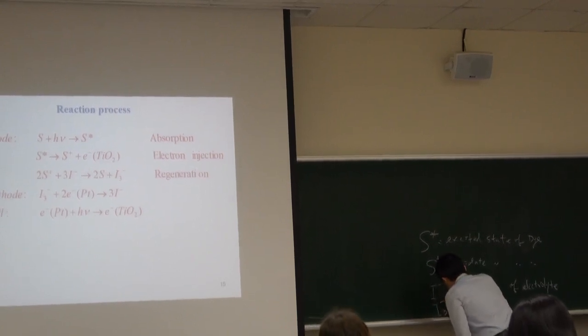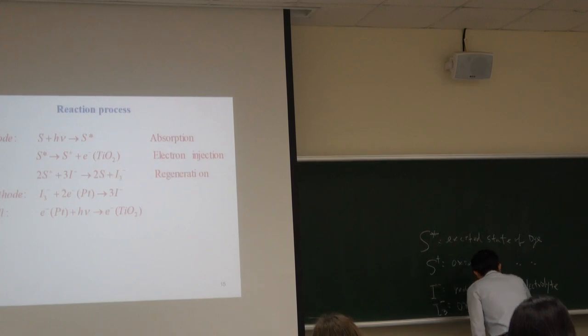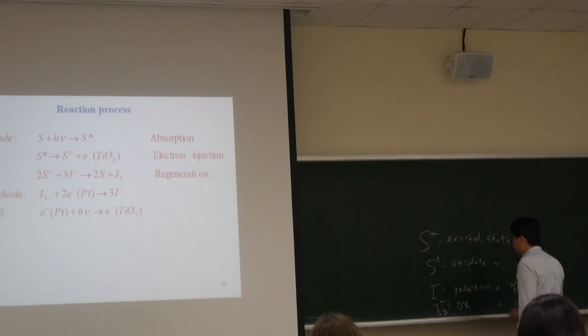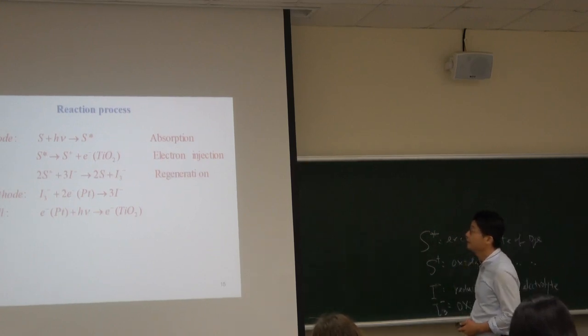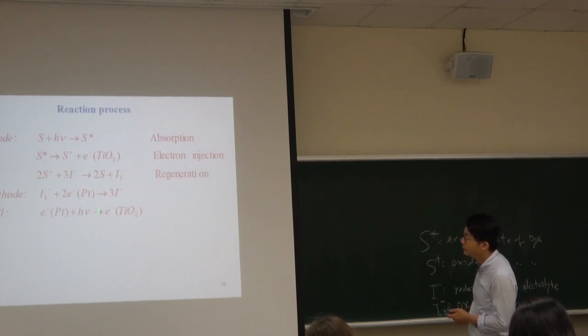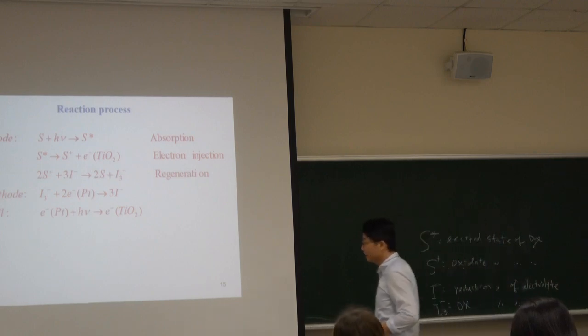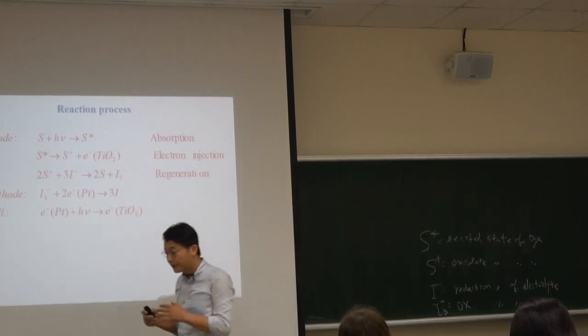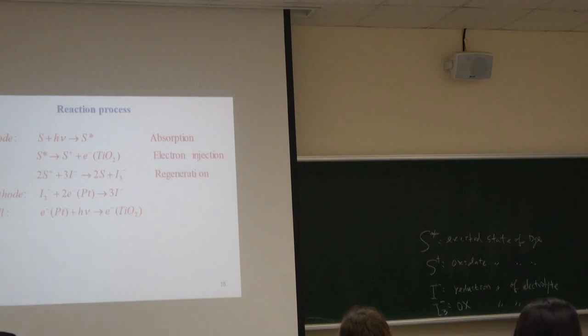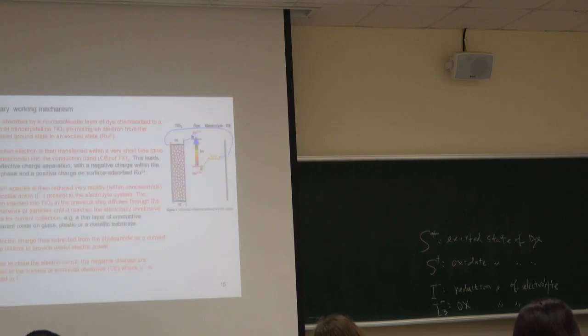I3 minus is the oxidation state of the electrolyte. You can balance the equation yourself. Finally you get this reaction. So the dye needs to regenerate, and the electrolytes also need to regenerate. That's very simple.